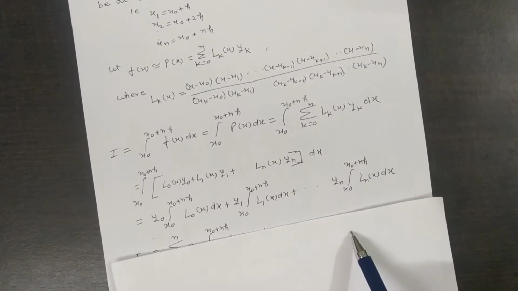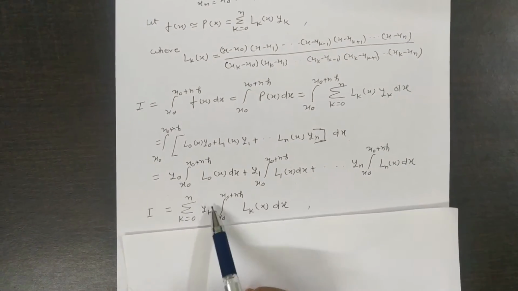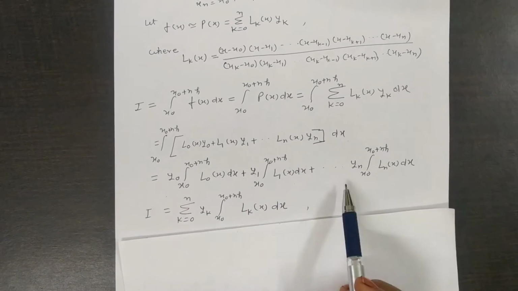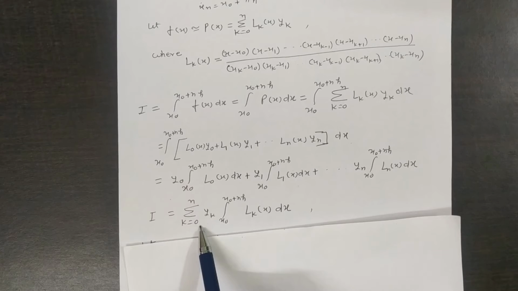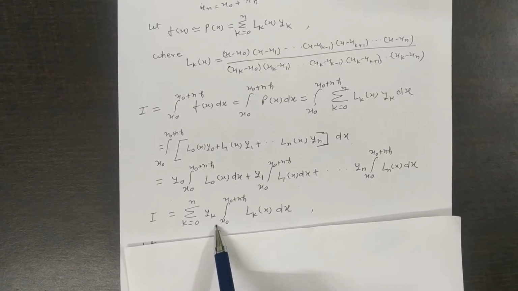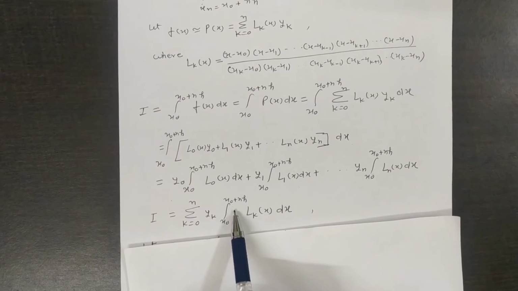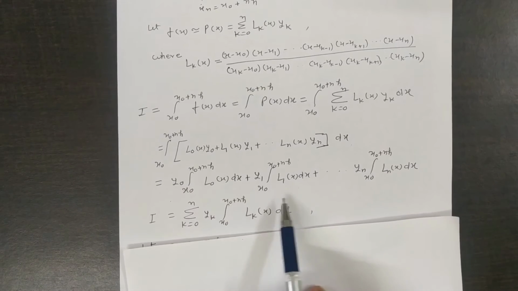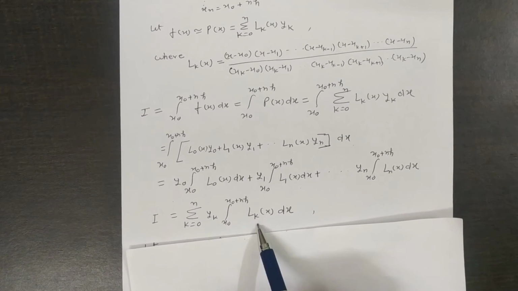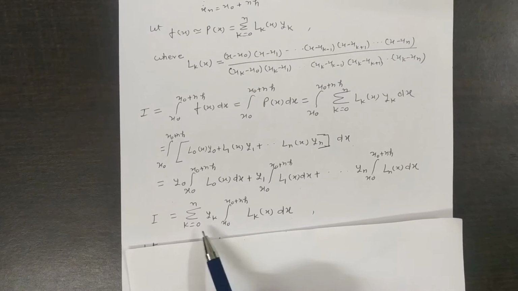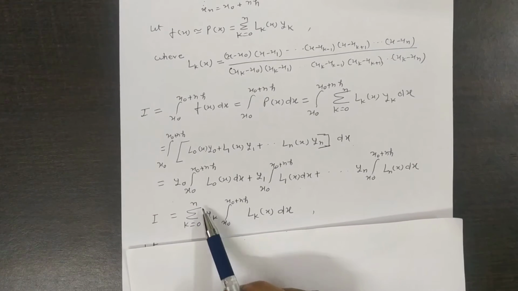Okay, clear? Now here we can take y0, y1, y2 out, so I is equal to the sigma of k varying from 0 to n of yk times the integral from x0 to x0 + nh of lk(x) dx.